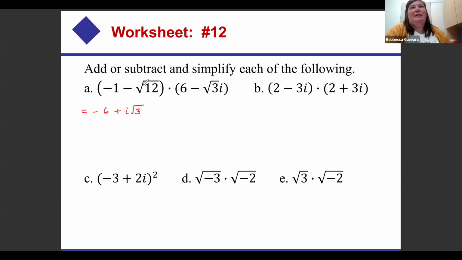Then we have minus 6 times the square root of 12. Then the square root of 12 times this, so it's going to be a plus square root of 12 times square root of 3i. So no place did my i's double here.